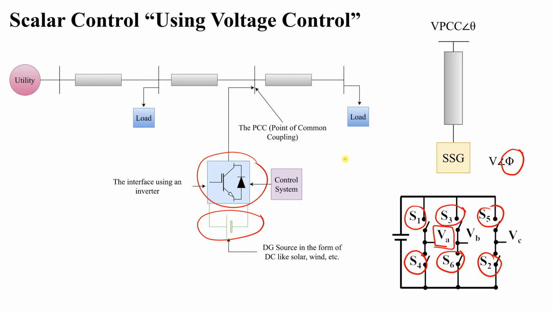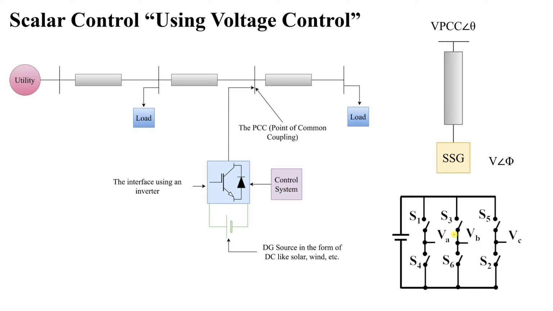So if S1 equals 1, then S4, the complementary or opposite, will be 0. If this switch is on, this one will be off. The reverse can happen too: if S4 is on, then S1 will be off. They are not operating at the same time.